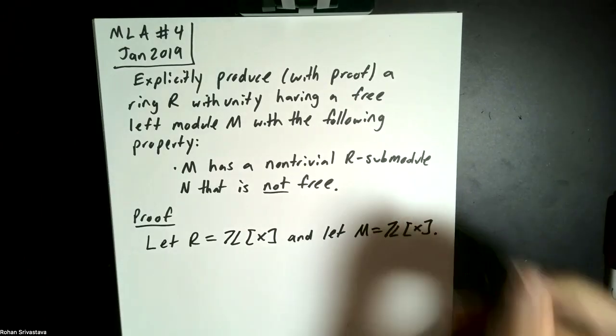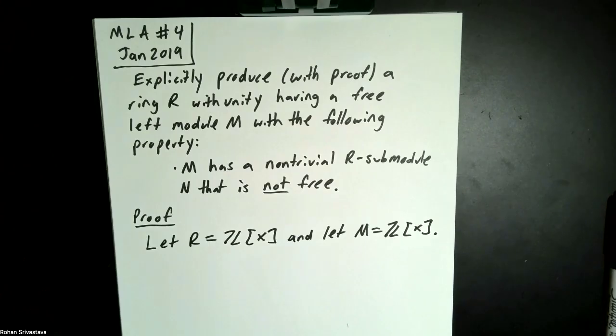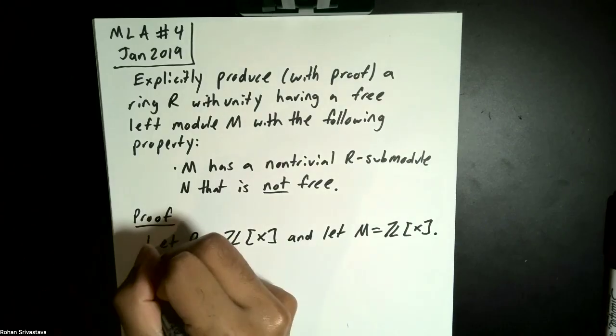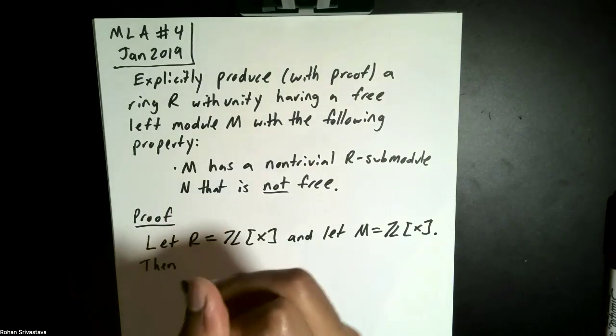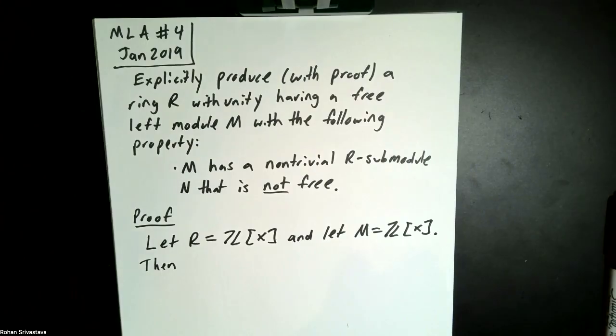So we're viewing R as a left R module. And for a ring with unity, it's always going to be a free module.